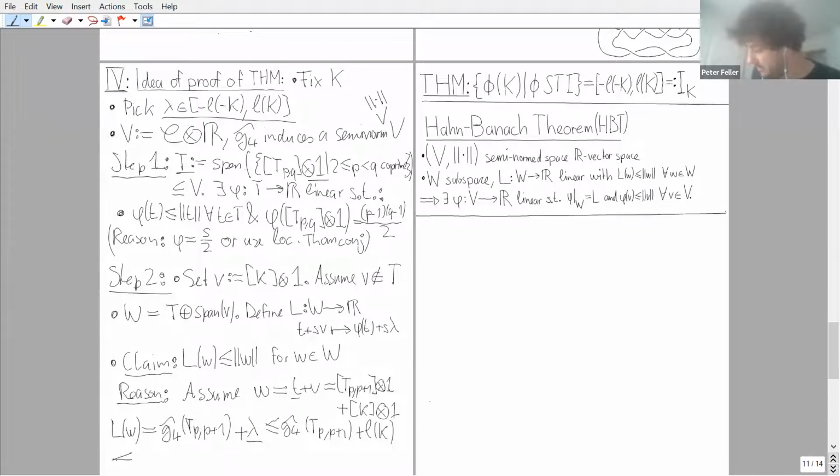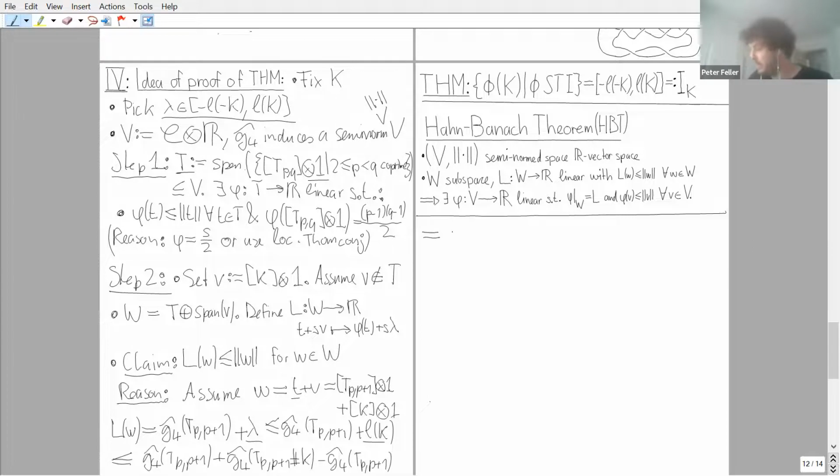But this L of K, I told you at one point, is the limit of a decreasing sequence of things which involve torus knots. And in particular, if I take the pth element, I see that I get the stable 4-genus of T_{P plus 1} connect sum K minus the stable 4-genus of T_{P plus 1}.